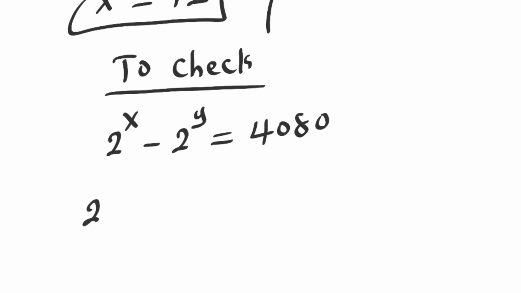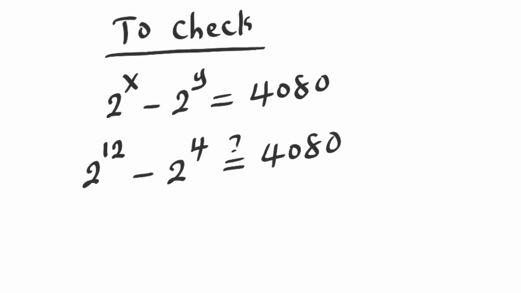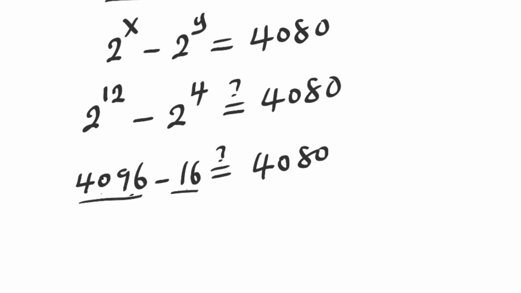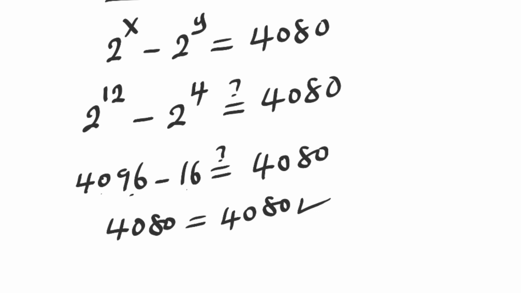Then this is 2 raised to power x is 12 minus 2 raised to power y is 4, must be equal to 4080. 2 raised to power 12, that is 4096, minus 2 raised to power 4, 16, must be equal to 4080. 4096 minus 16, this is 4080, is equal to 4080, which is true.